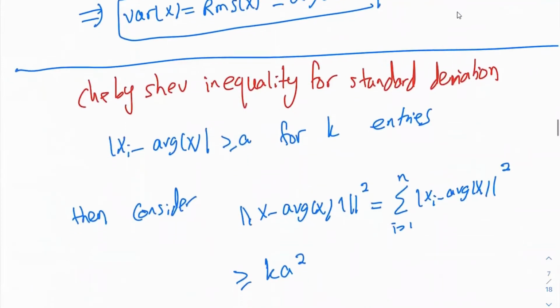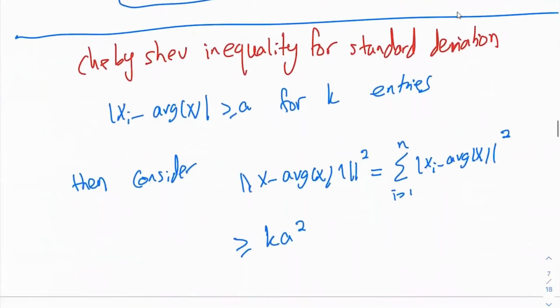So now I want to talk about the Chebyshev inequality for the standard deviation. It's the same concept, very similar. But the one we just talked about was the Chebyshev inequality for a component of x. Now I want to talk about it for the standard deviation. In the Chebyshev inequality, we assumed each xi is greater than or equal to a.